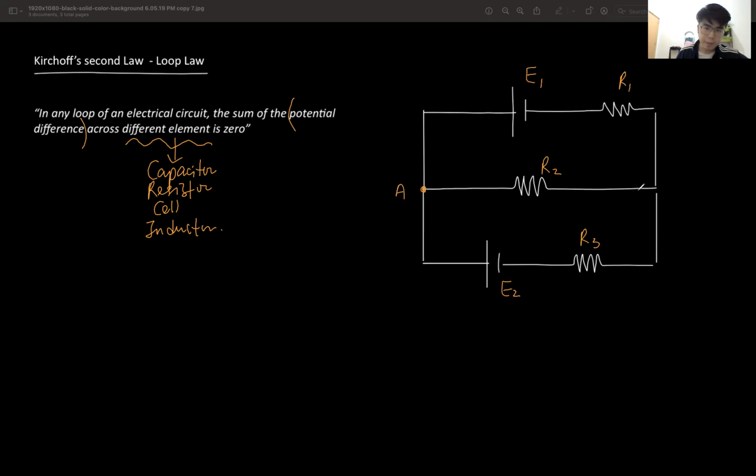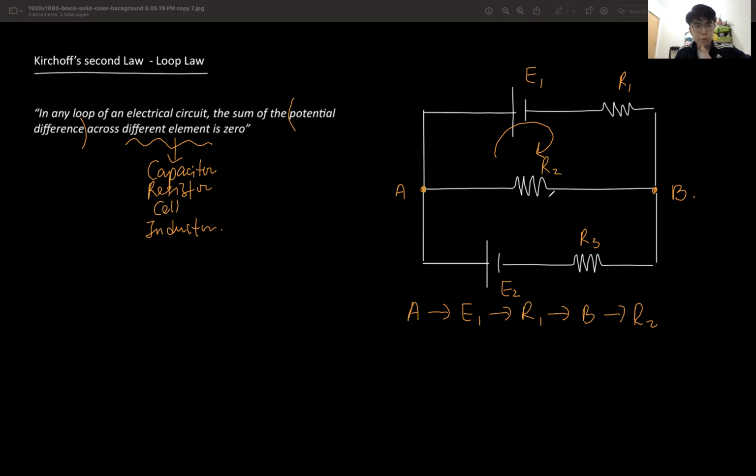So we take A, B. Loop 1, I take A to E1 to R1, B, R2. So this one here. If I add up the potential difference of every single component, that means the potential difference of E1, R1, and R2, then I'm going to get 0.